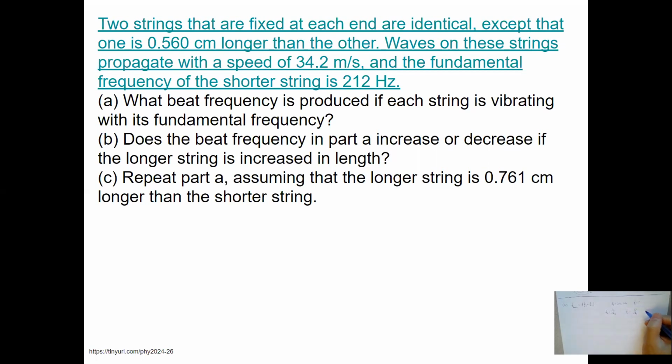It tells you that L1 is longer, that's what we assume, as L2 plus 0.560 centimeter. You can try to see if you can solve part A, and then we'll take on the solution together after that.